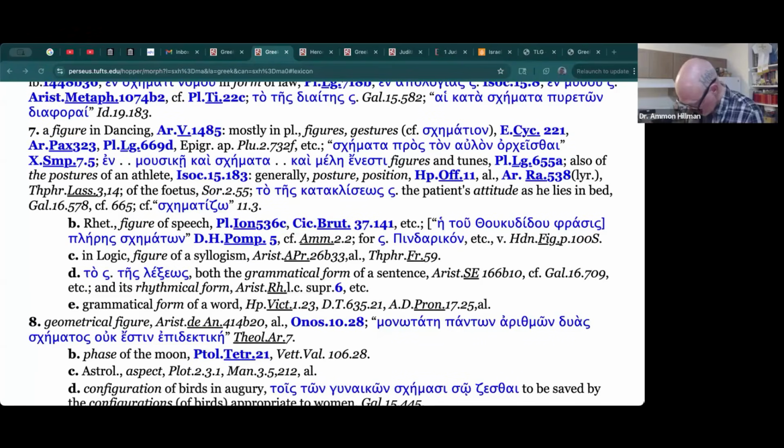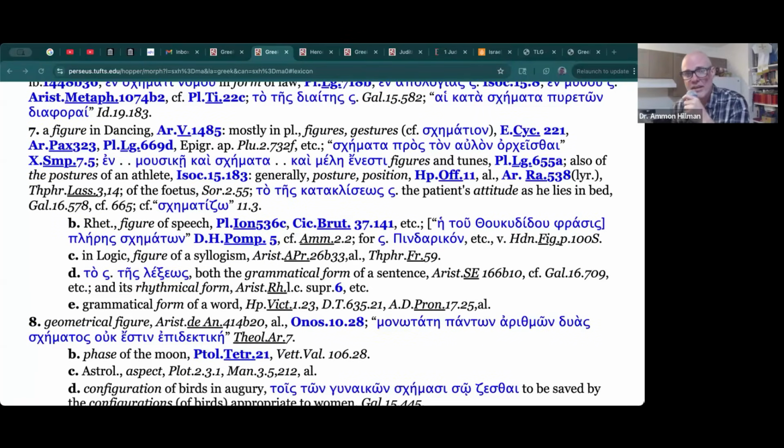So look at the examples, right? Thuon ho hiereus hupo tou demou timatai. Sacrificing, the priest is honored by the deme.